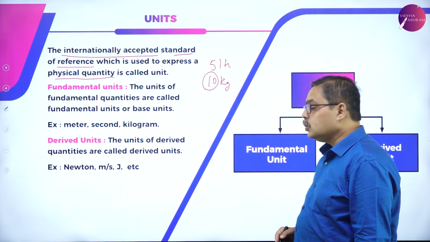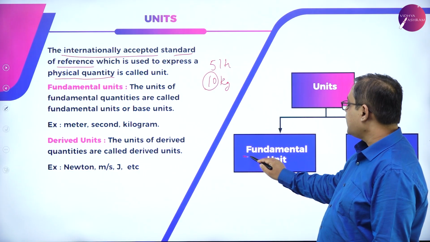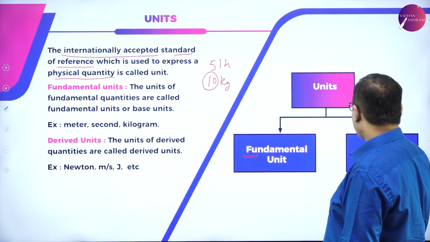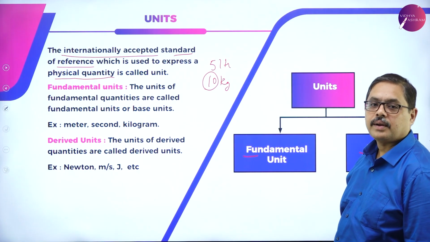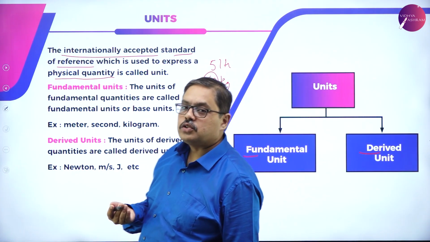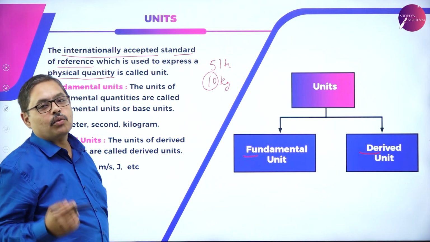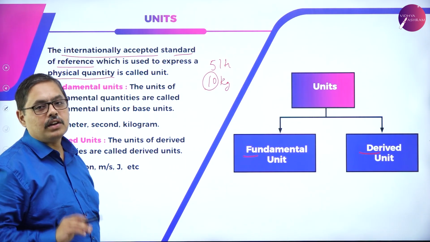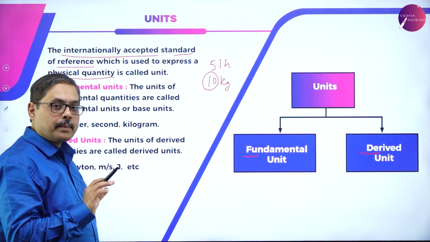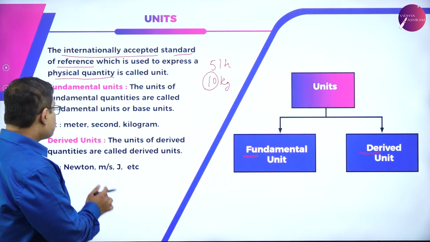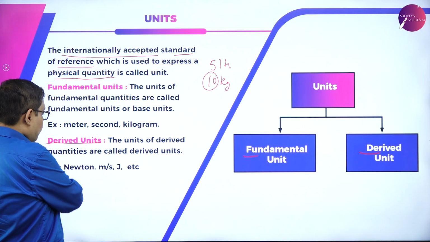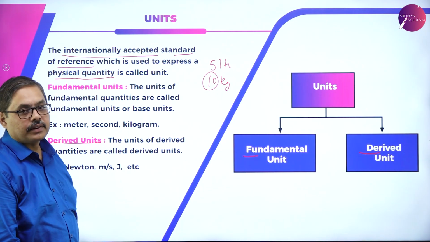Once again, units are also classified as fundamental units and derived units. The units which are used to represent the fundamental quantities are called fundamental units, whereas the units which are used to express the derived quantities are called derived units.